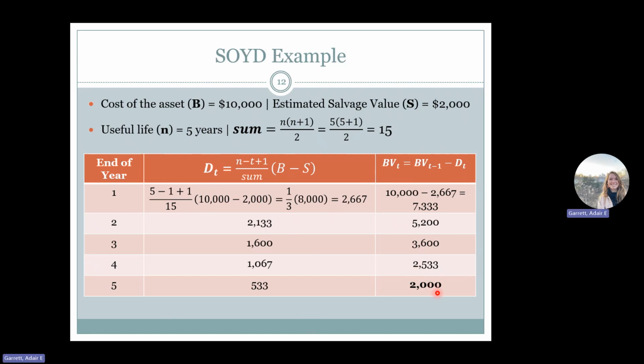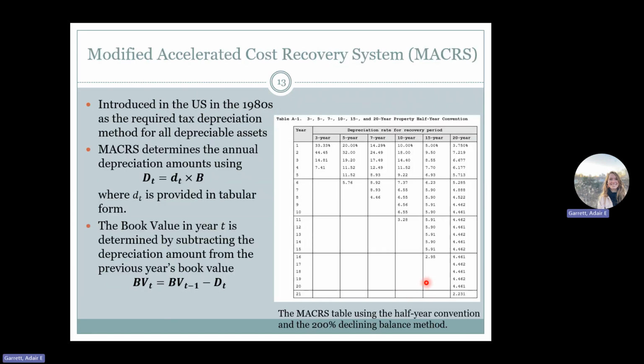Now let's talk about MACRS, or the Modified Accelerated Cost Recovery System, which was introduced in the U.S. Tax Reform Act of 1986. This is the required depreciation method for all depreciable assets, and the IRS has prepared tables to assist in these calculations.